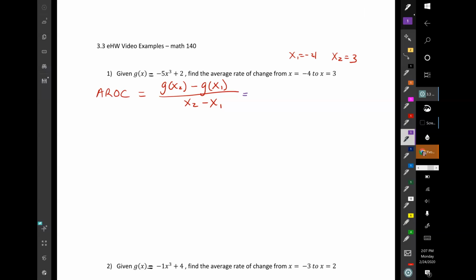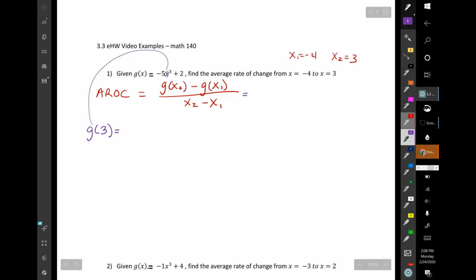The first part is g of x sub 2. I have to figure out what that is, so I'm going to do that off to the side. Instead of x sub 2, I'm going to put 3 in there and plug that into my function for x.